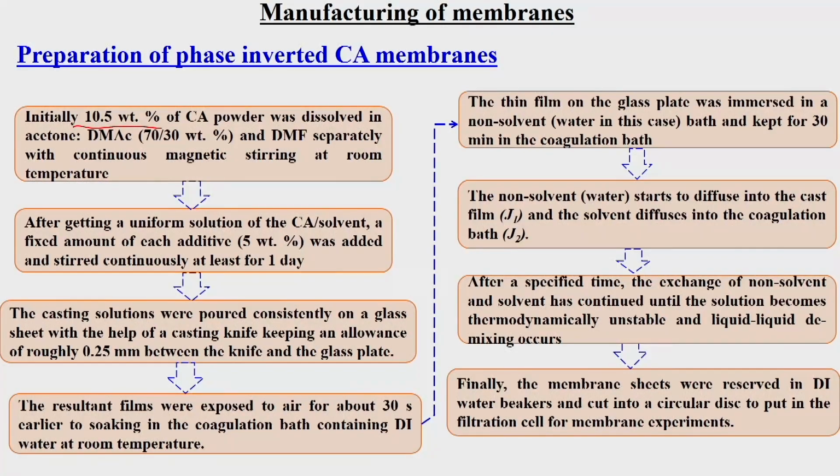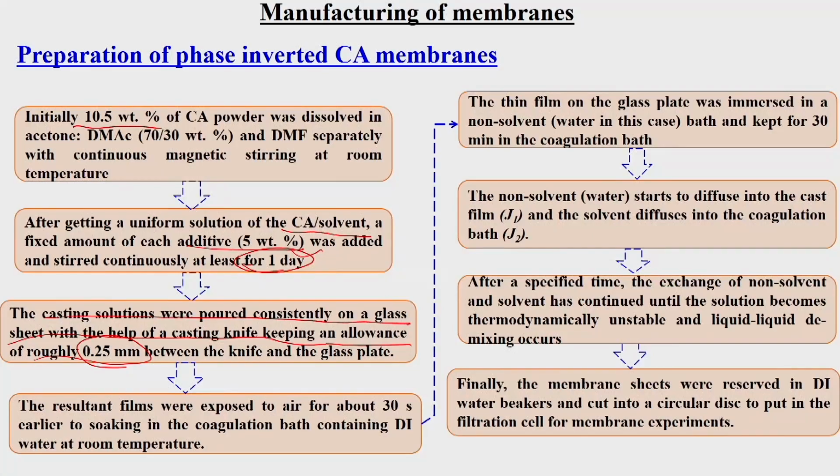And then after getting a uniform solution of the cellulose acetate solvent mixture, a fixed amount of each additive, suppose different additives, are added, and then stirred continuously for at least 1 day. Okay. After that, the casting solutions were poured consistently on a glass sheet with the help of a casting knife, keeping an allowance of roughly 0.2 millimeter, or whatever the required thickness of the membrane.